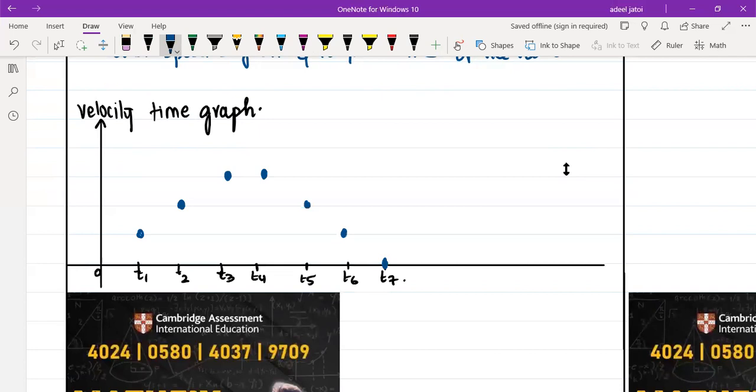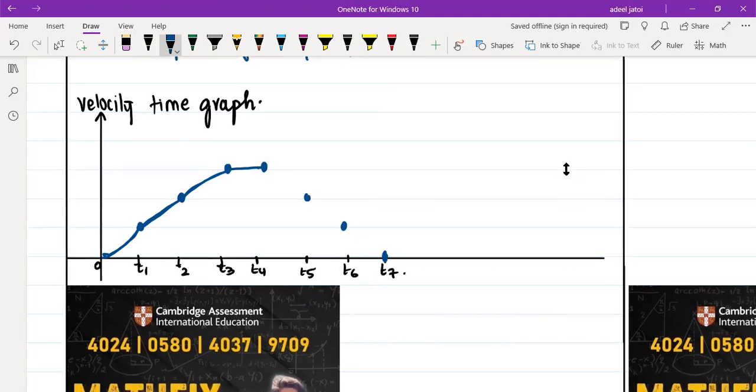So what we have here is increasing acceleration in the positive direction, uniform acceleration in the positive direction, decreasing acceleration in the positive direction, and then this shape, uniform velocity, acceleration is equal to 0.